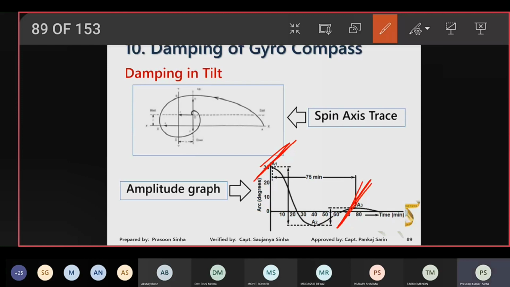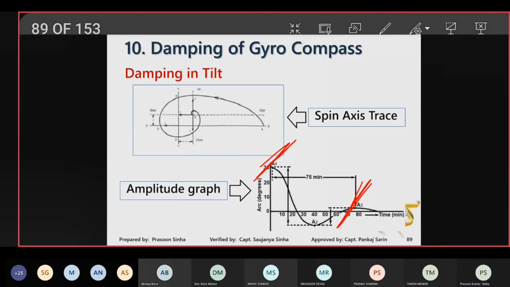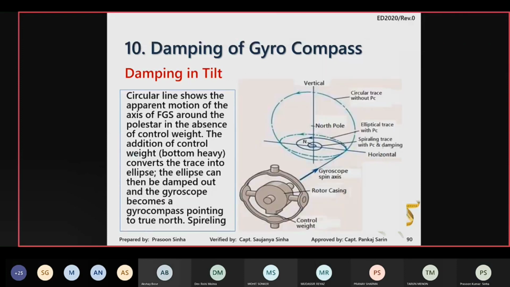That is the time period of oscillation. Please read on. Read and try to connect the image shown here with your understanding.